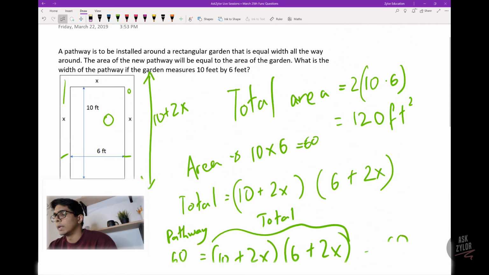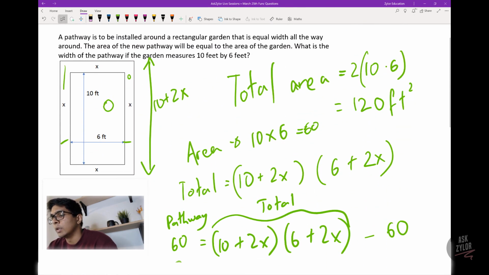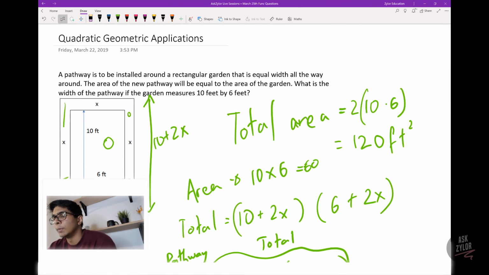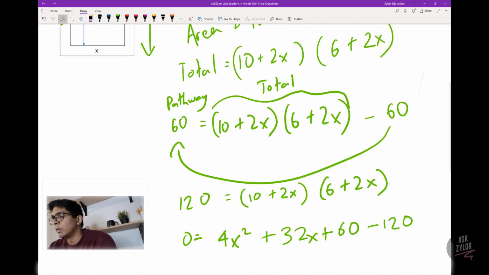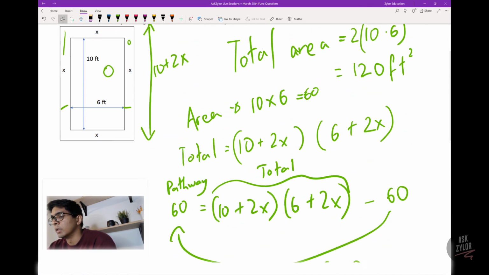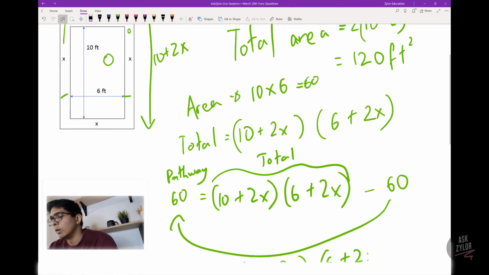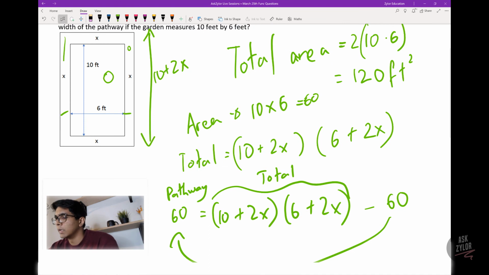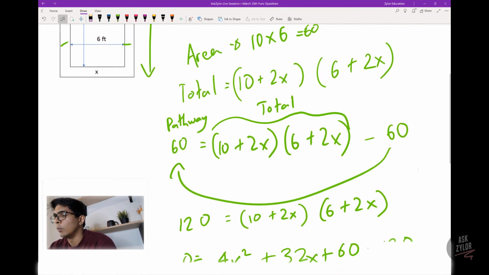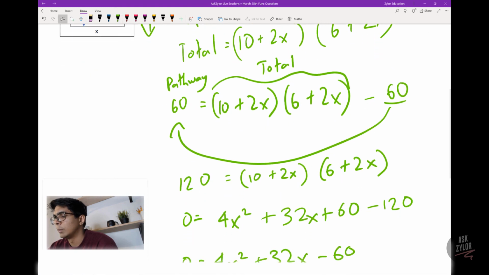So what we're doing right now is we're looking at a quadratic geometric application question. We came up with a model. The model is the total area, the pathway, and the inside area. We know the pathway is going to be the total minus the inside, and we know the values of the inside and the pathway as well, right?